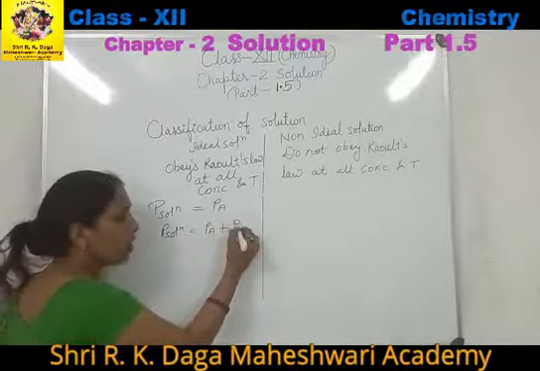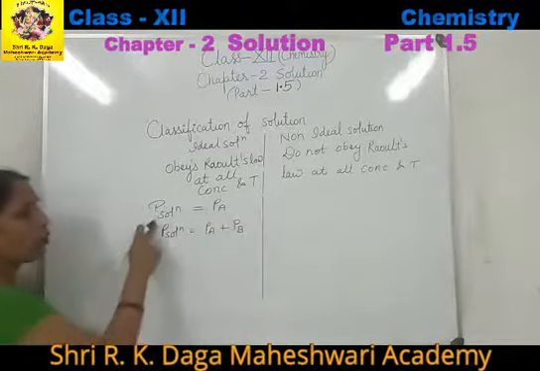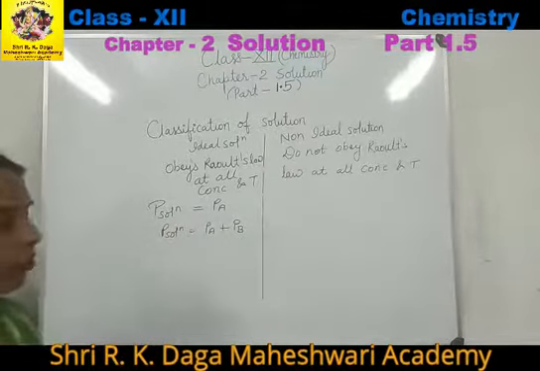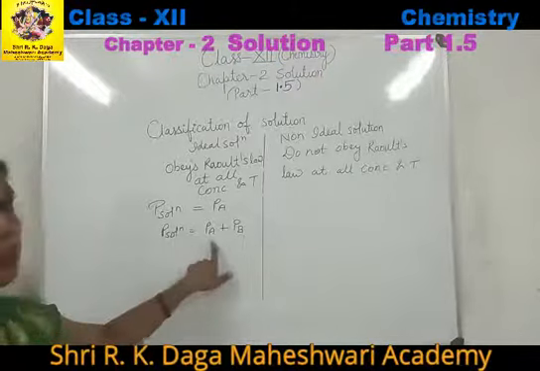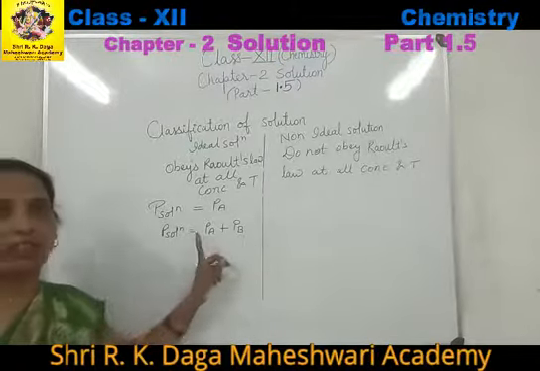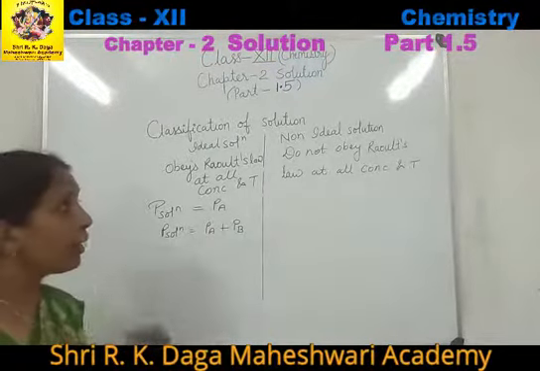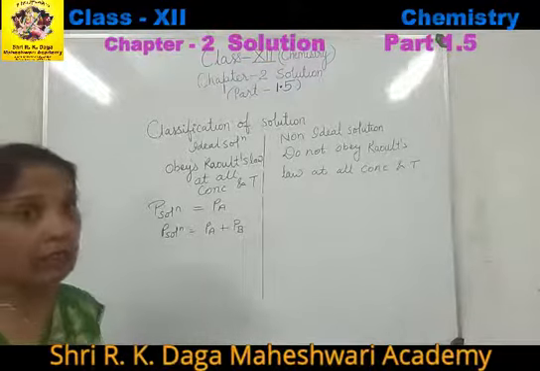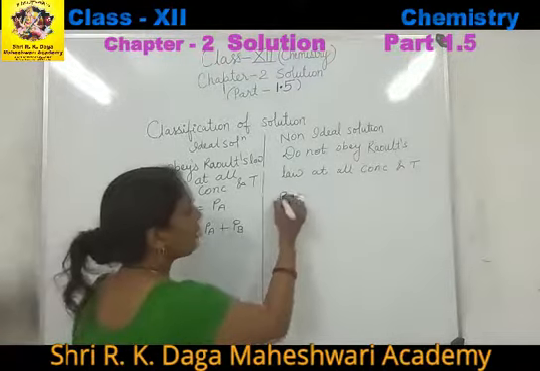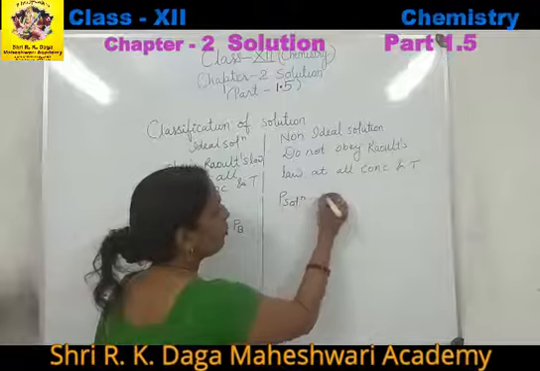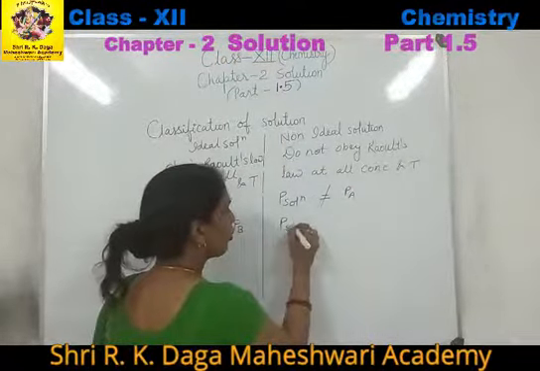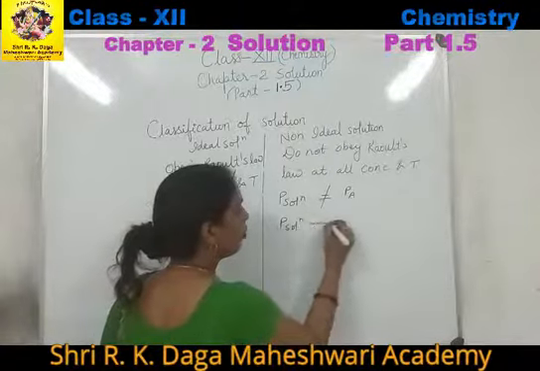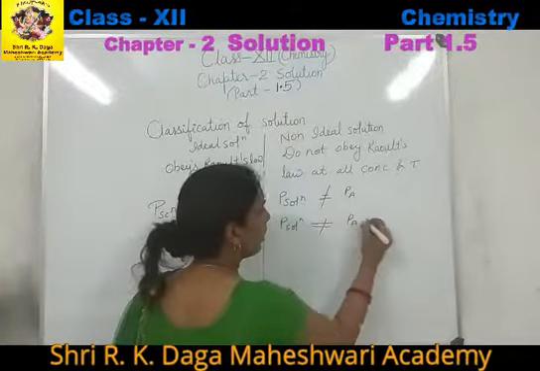When the solute is non-volatile in nature, the vapor pressure of the solution will be equal to the partial vapor pressure, and when the solute is volatile in nature, the vapor pressure of the solution will be equal to the sum of the partial vapor pressures of its components. But if the solution is not ideal in nature, meaning non-ideal, under such a condition the vapor pressure of the solution will not be equal to the sum of the partial pressures of the components.